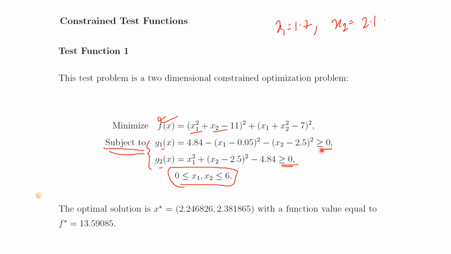If you put the values of x1 and x2 in these equations and the solutions are greater than or equal to 0, then you can say yes, this is a good solution. Now you can use it and update for the next value, say 1.8 or 1.9, and see whether it is better or not. That means it is accepted, and you can go further to the next iteration.